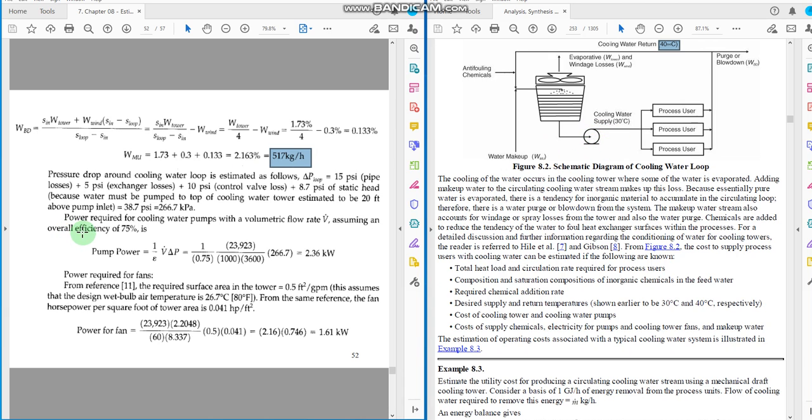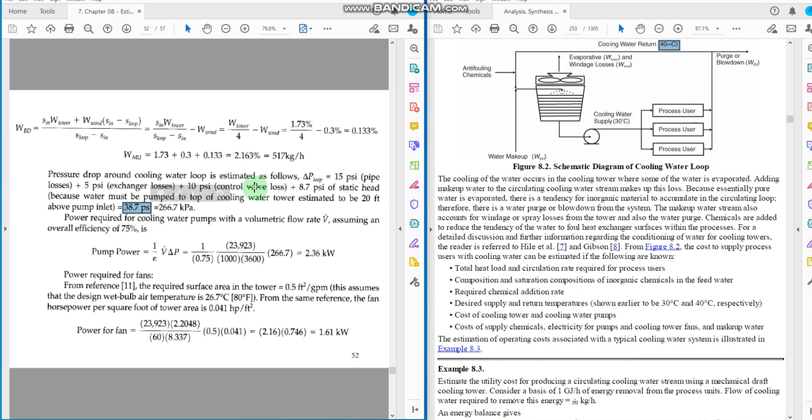Okay, so what we can see here: the pressure drop around the cooling water loop is estimated as follows. Delta P in the loop is 15 psi, and 5 psi in the exchanger losses, 10 psi in the control valve, 8.7 psi in the static head, because water must be pumped to the top of the cooling tower, estimated to be 20 feet above the pump, that is 838.7.